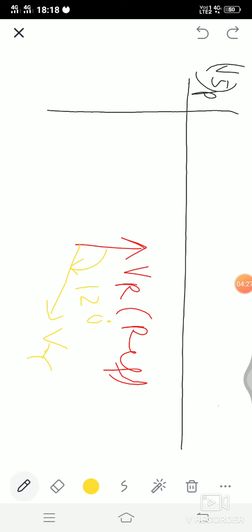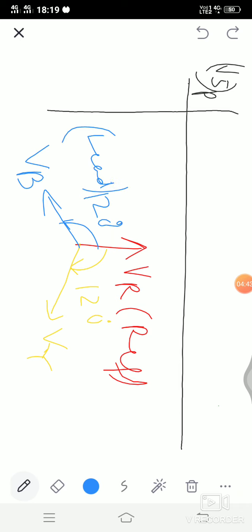And what about your blue phase? Blue phase will be leading with respect to red phase by 120 degree. So this is leading and this is lagging. Lagging means minus, leading means plus. Okay, so with respect to this phasor diagram only, we will be drawing the waveforms.